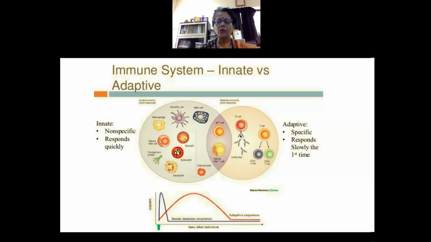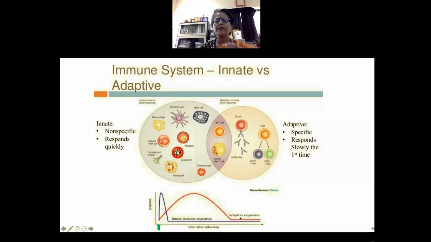And if we look at the profile, it is low level, and it keeps on, and after that it will stimulate some of the adaptive immune mechanisms.